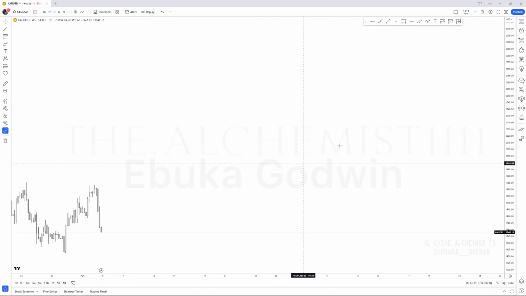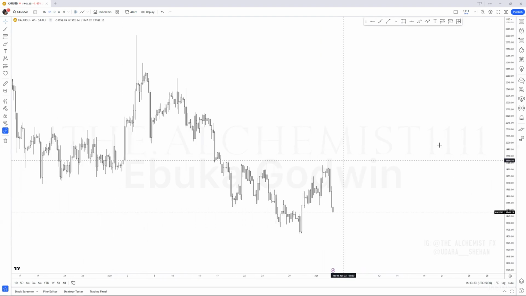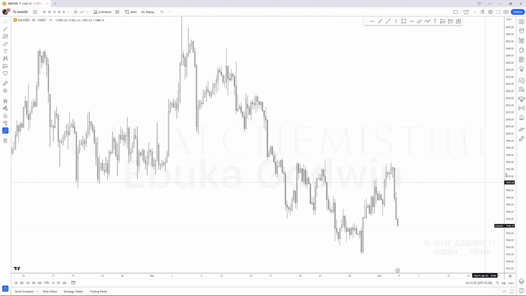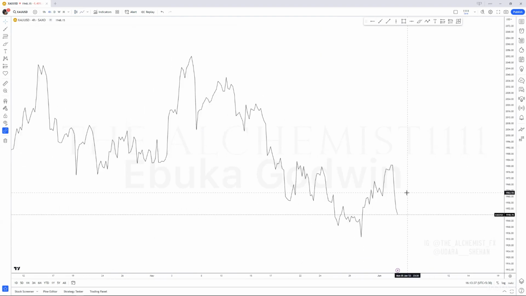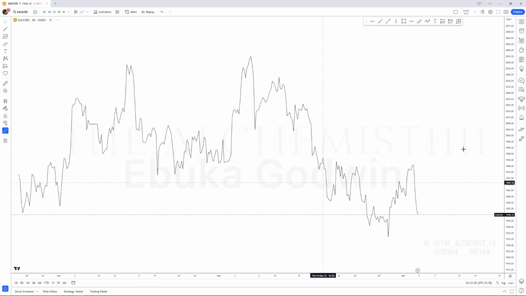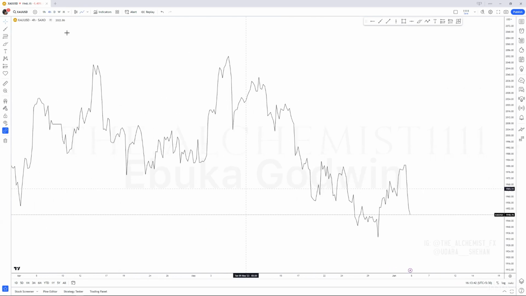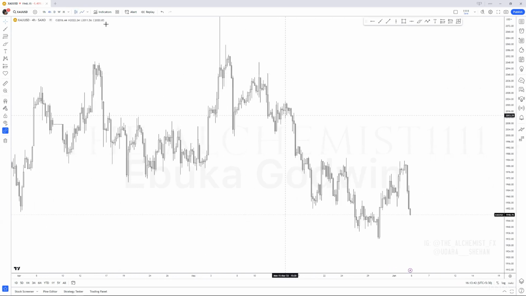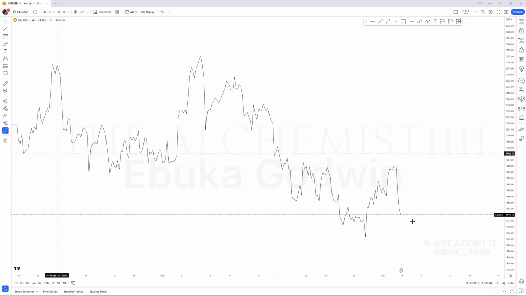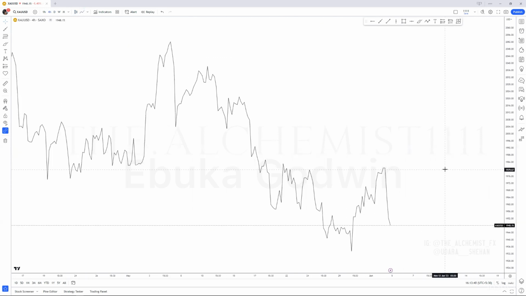Another thing to point out is that we will be using the line chart a lot. We will go through candlesticks as well, but mainly we'll be using the line chart, because this is important.